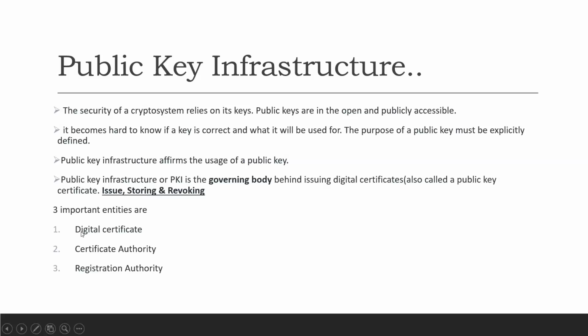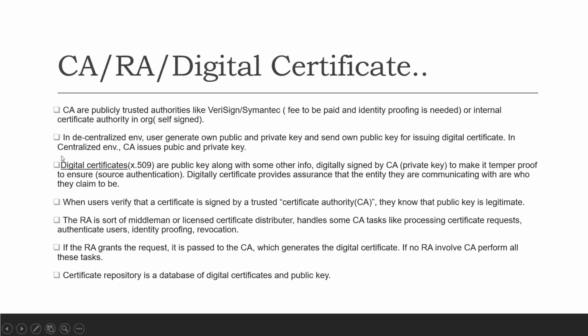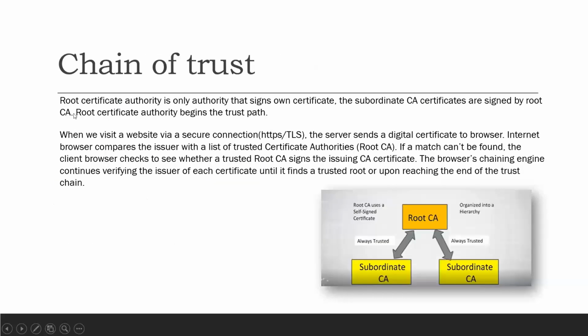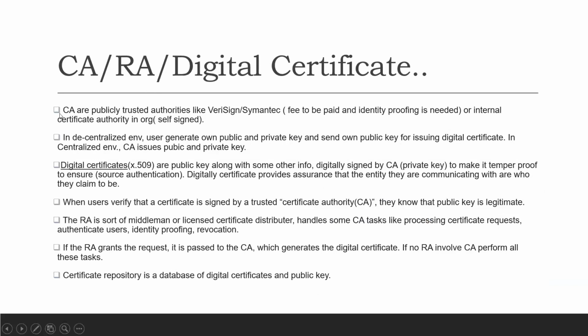So there are three important entities here: digital certificate, certificate authority, and registration authority. CA, RA, and digital certificate. We'll cover what a CA is, what an RA is, and what a digital certificate is. CAs are the ultimate authority.